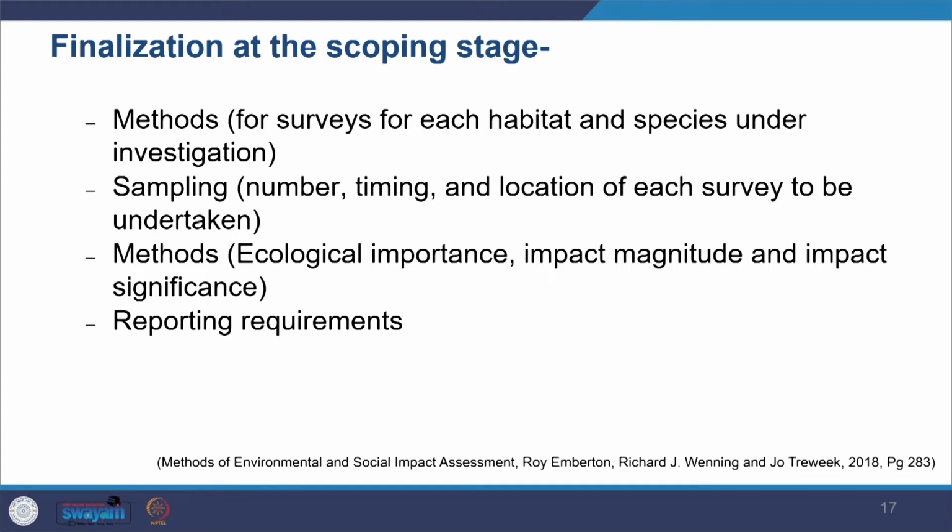For flora, what kind of surveys you will take, for fauna, what kind of surveys, and within that you might have further details which have to be spelled out here. And then you would also express the number, timing and location, where you will do the survey.